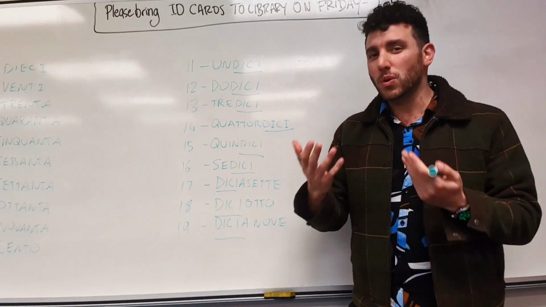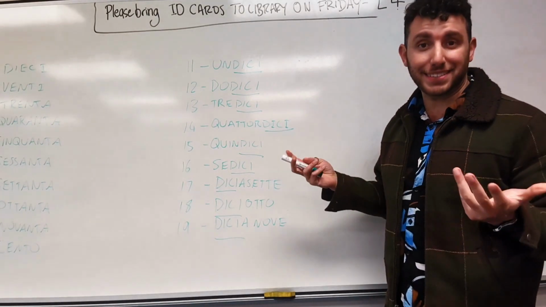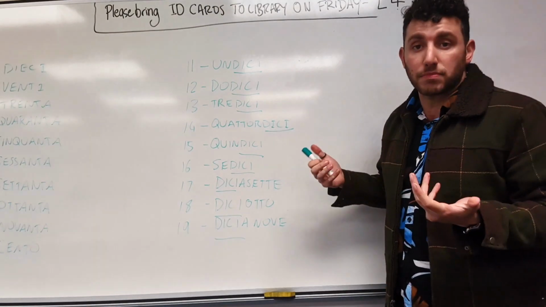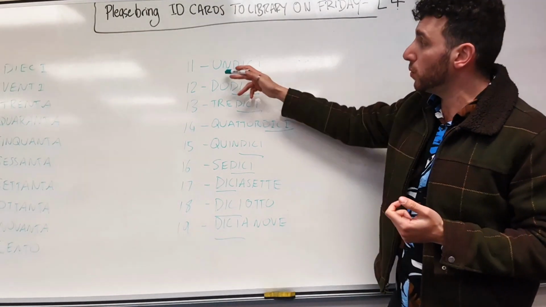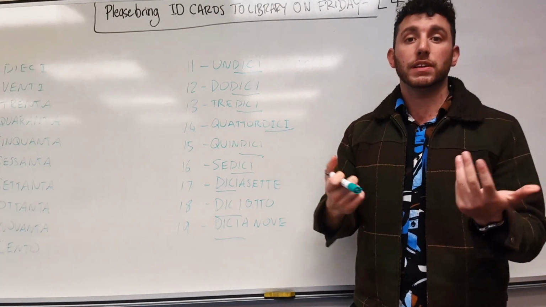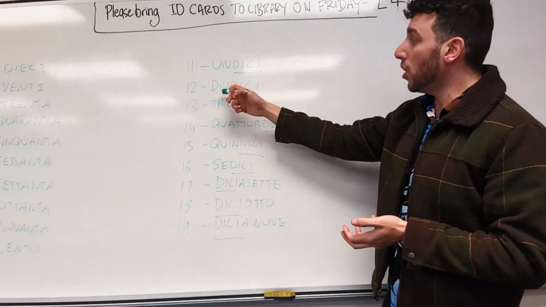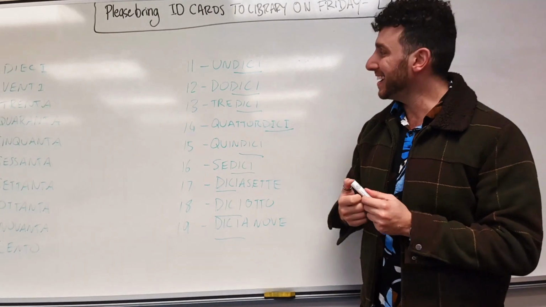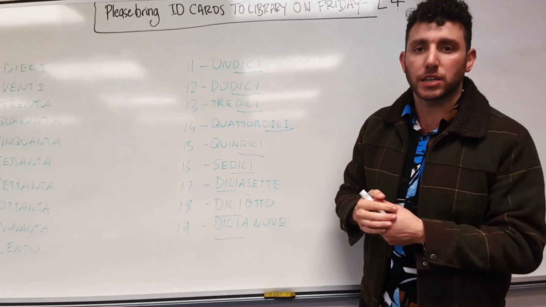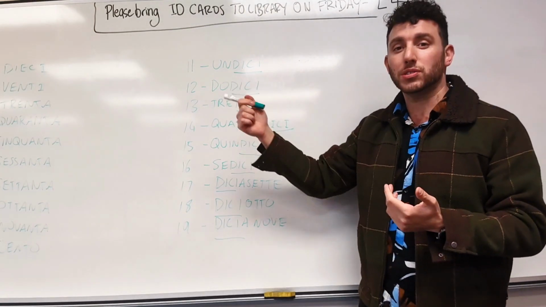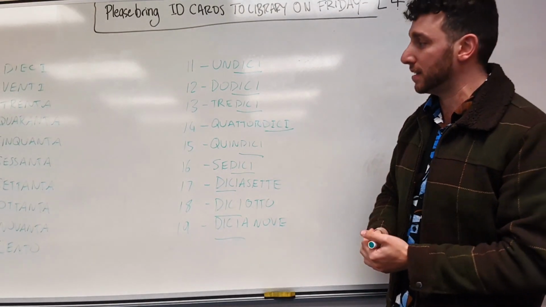11 and 12 in English don't quite make sense when you think of them as teens, but here Italians have actually included it. So for example, undici is the equivalent of saying one teen. Dodici, two teen, right? And it is the same for Spanish, it's the same for Italian, un, dos. You can hear that Latin influence in these numbers.